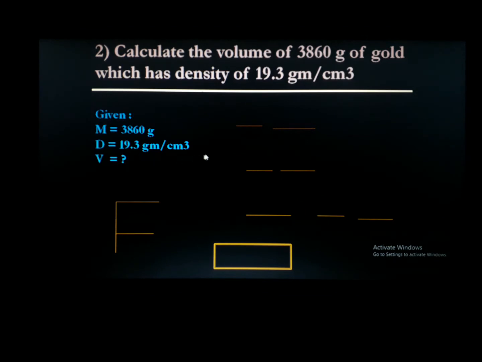And we know the formula, density is equal to mass divided by volume. When rearranging the formula, we get volume is equal to mass divided by density. Then substitute the values.